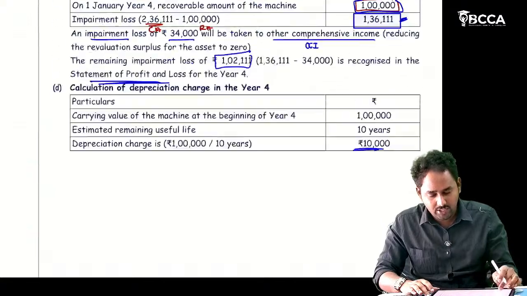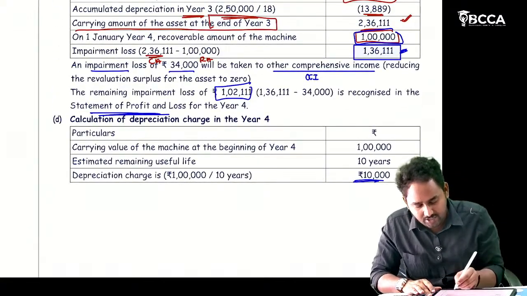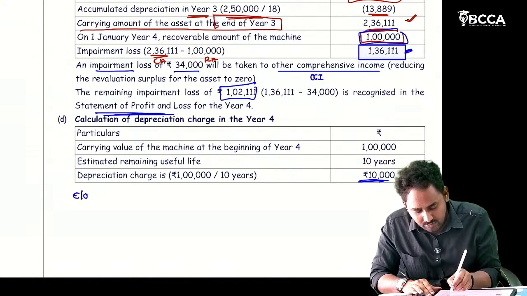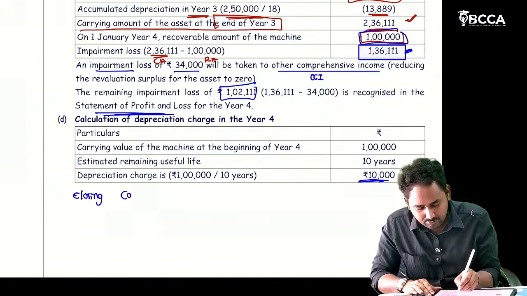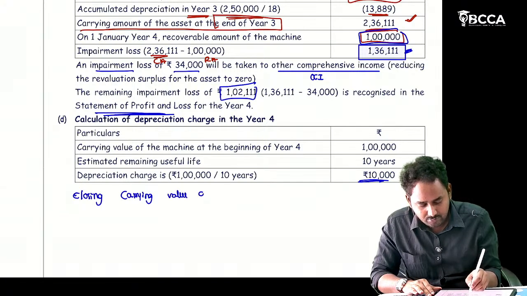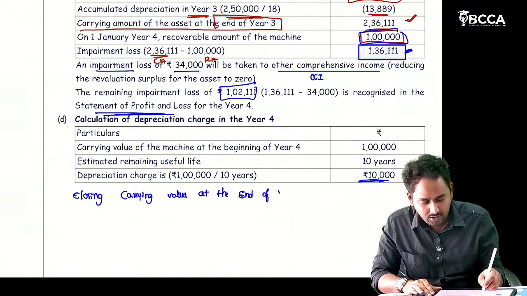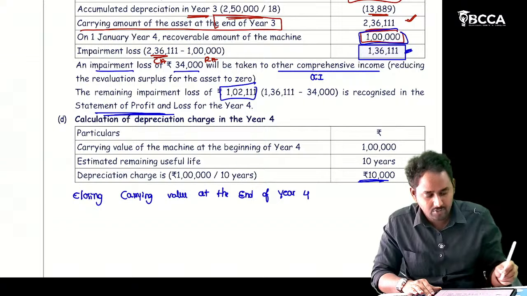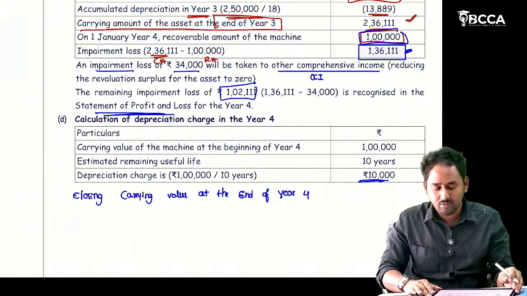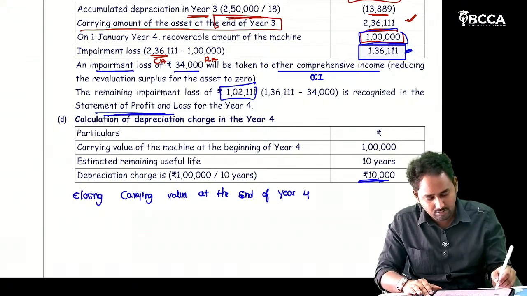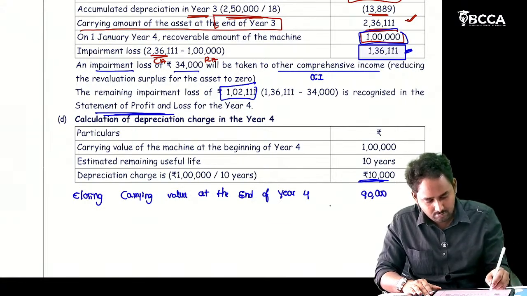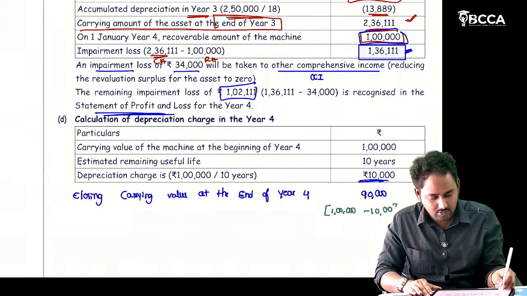What is the closing carrying value at the end of year 4? 1 lakh minus 10,000 equals 90,000.